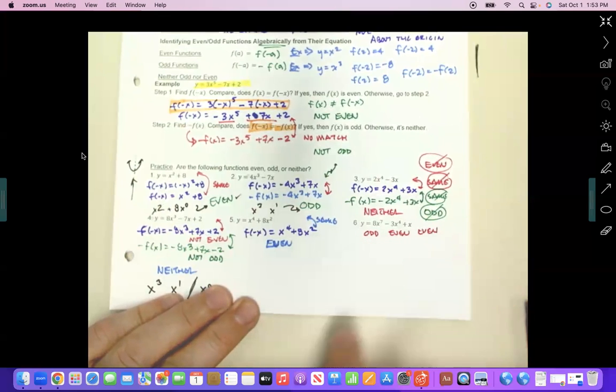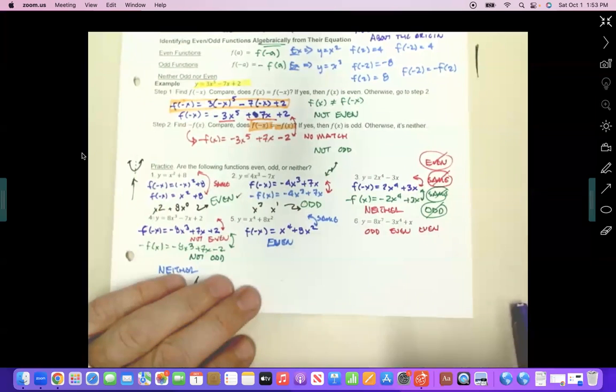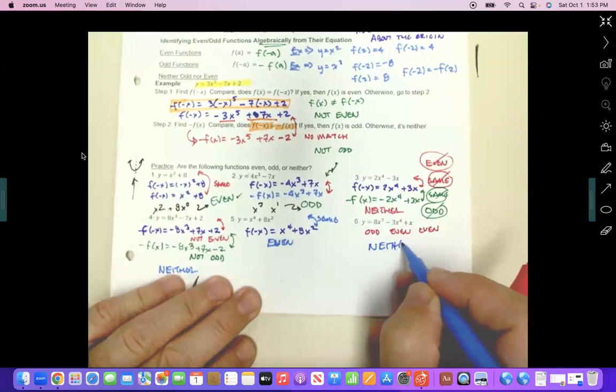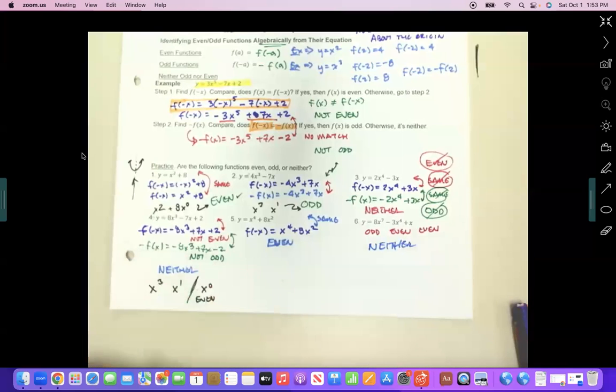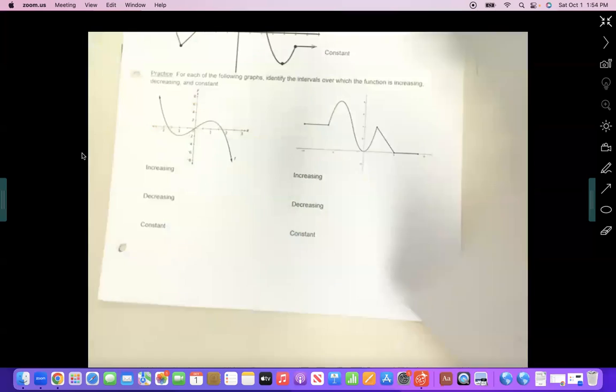When we have a combination of evens and odds, that makes this neither even nor odd. And if we were asked to show it algebraically, we could easily substitute in, and it would match the pattern that we've seen up above in our previous ones.